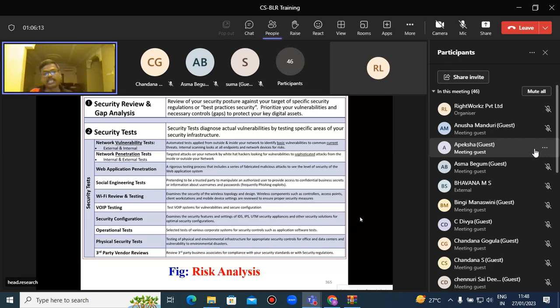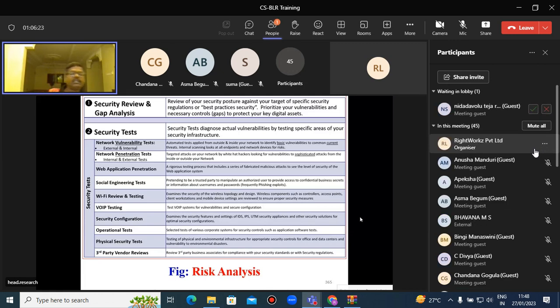Then the social engineering test means suppose you are using Facebook, WhatsApp, Instagram, or LinkedIn, or any social engineering test. Then they are checking Wi-Fi review testing; Wi-Fi stands for wireless fidelity.